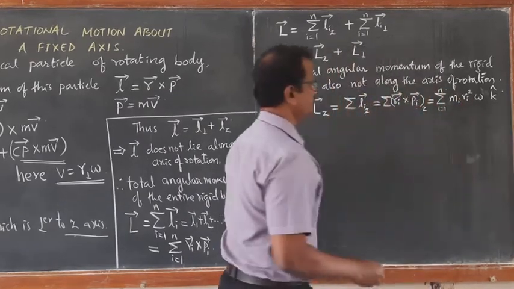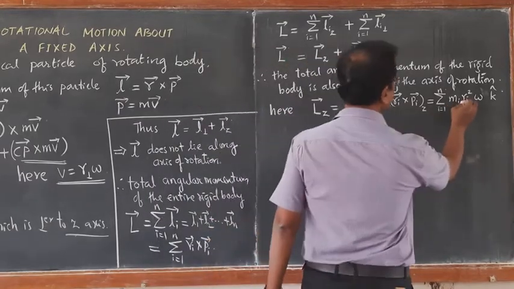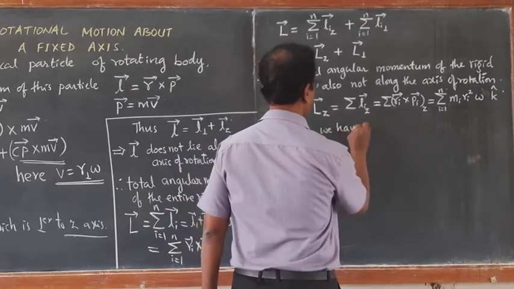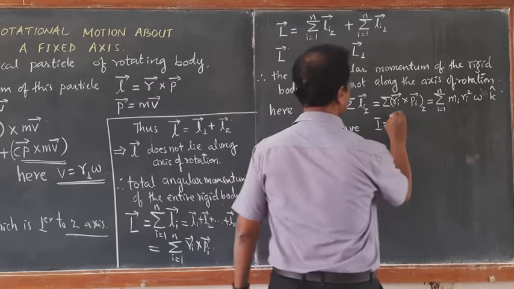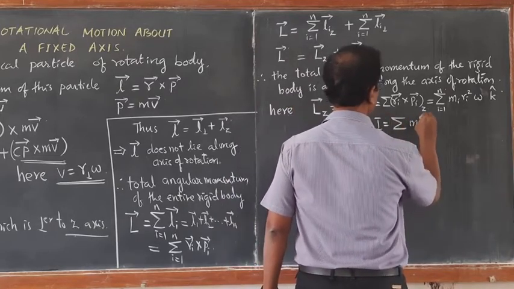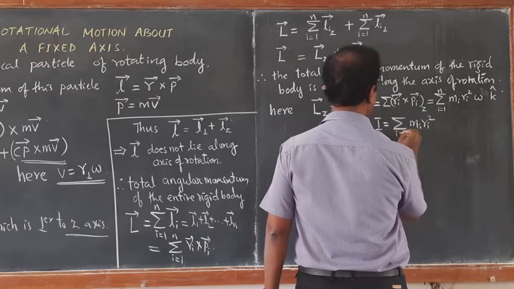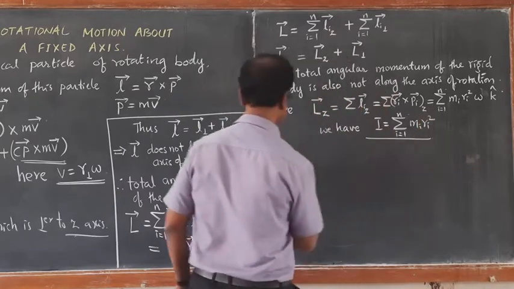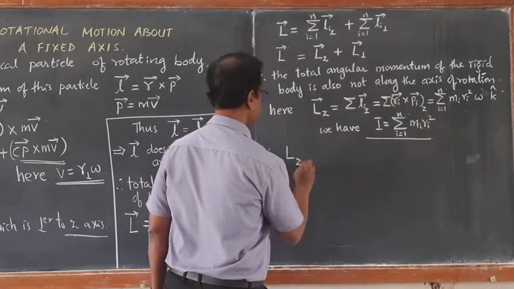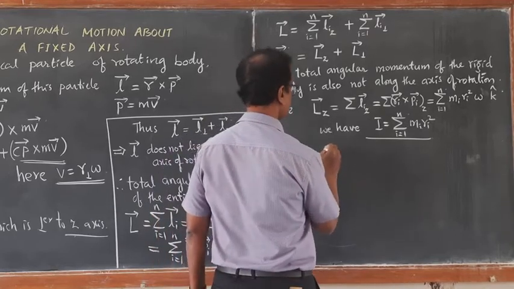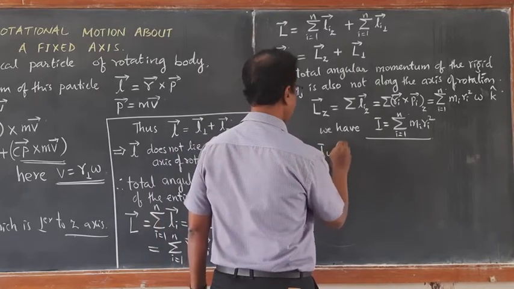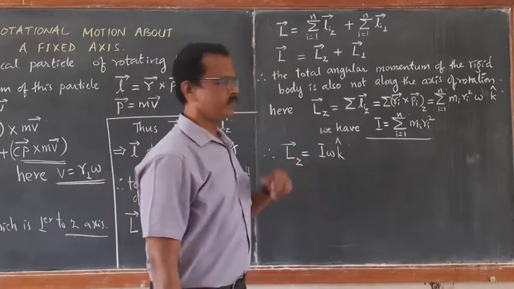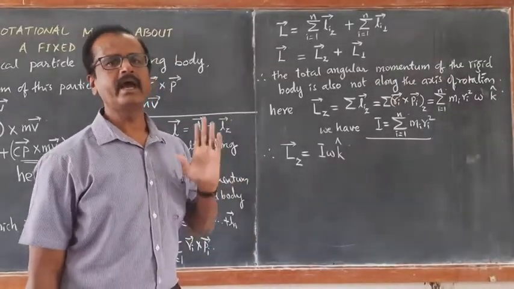Now, what is this summation mi Ri square? We have I equal to summation of mi Ri square, i equal to 1 up to n. So we get the moment of inertia. Therefore, substituting this, we get Lz equal to I omega k cap. So this is the angular momentum which is acting along the z axis, along the axis of rotation.